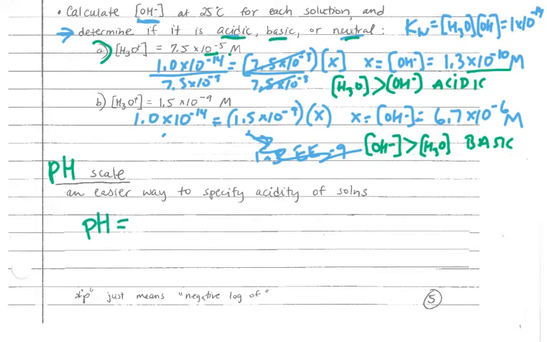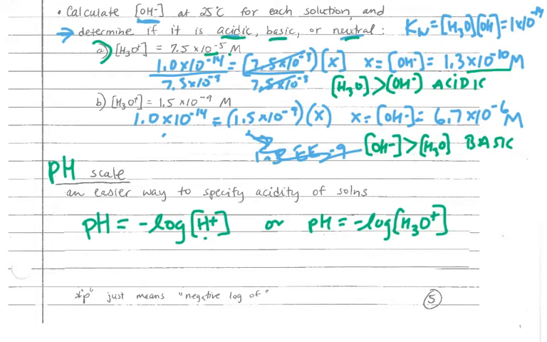The pH is simply the negative log of the concentration of hydrogen ions, or the negative log of the concentration of hydronium ions. You can write it either way. Remember, hydrogen and hydronium are essentially the same thing in acid-base chemistry. P just means the negative log of something. So pH stands for the negative log of H, the hydrogen concentration. So that's why it's called the pH scale.